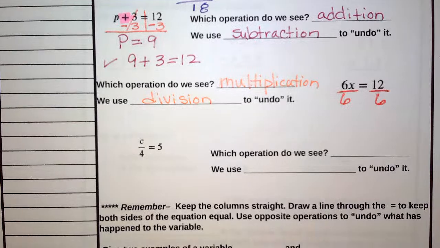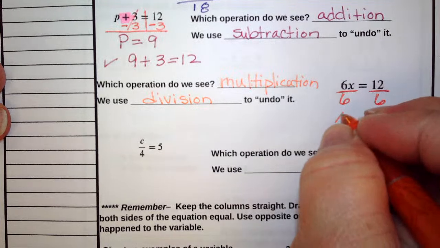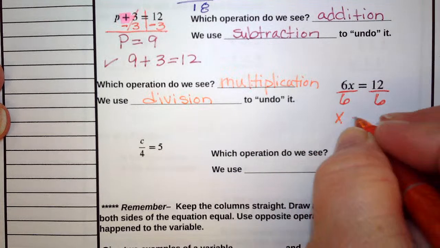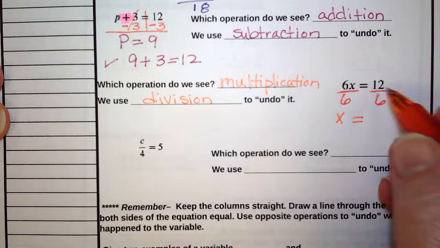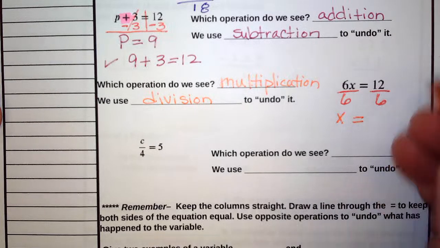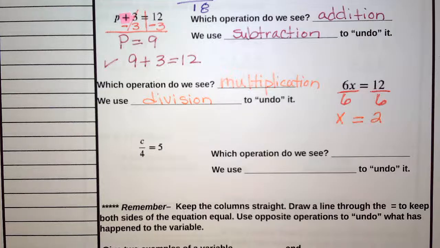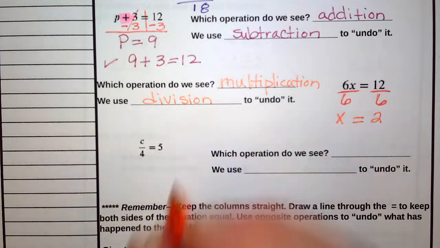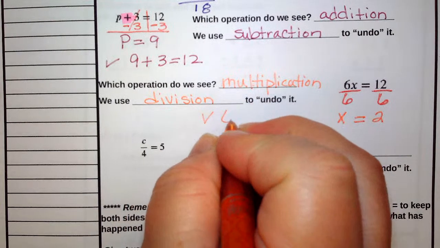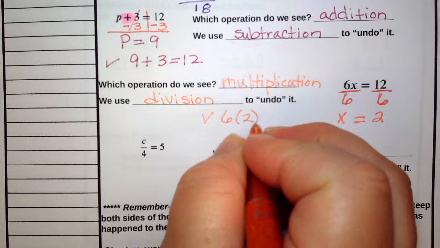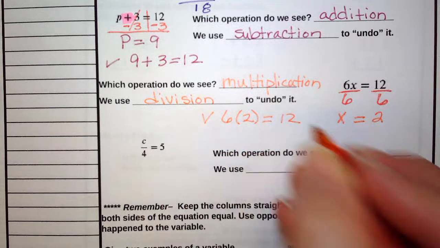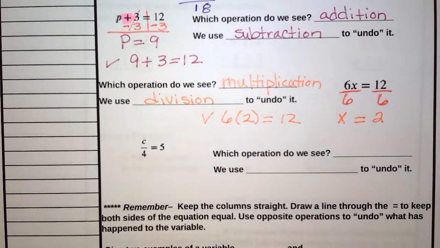Why does it work? 6 divided by 6 is 1, and I want 1x. 12 divided by 6 is 2. How do I check it? 6 times 2 is equal to 12. I know I had the right answer.